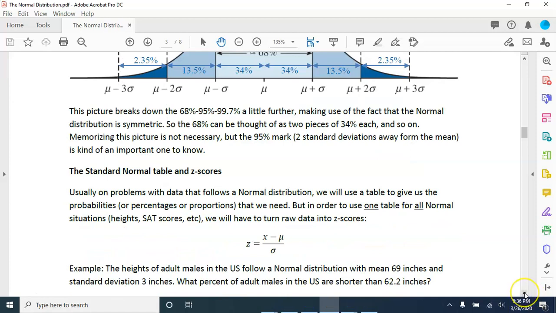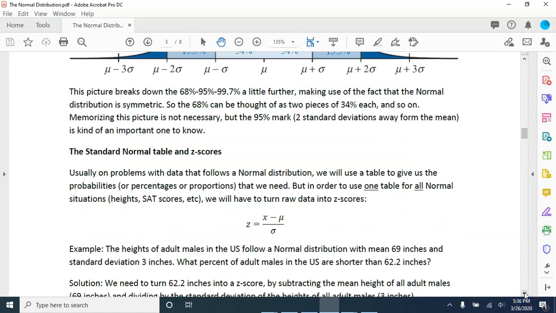On most of these problems with the normal distribution, we're going to be turning some raw data into a z-score. And the reason for that is we're going to use one table in the book that will work for any data as long as it's normal. So if it's data on people's heights, if those heights follow a normal distribution, we get to use this table.